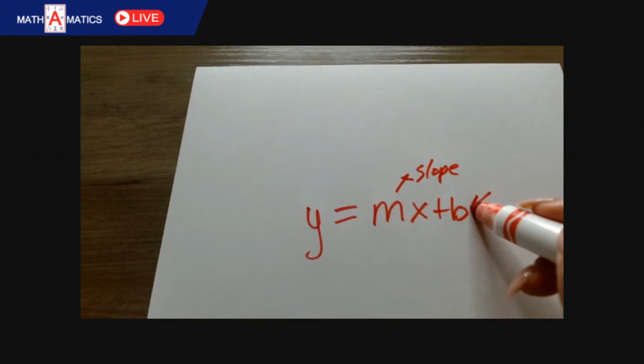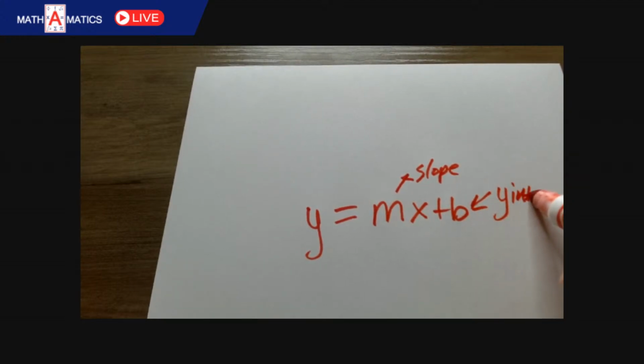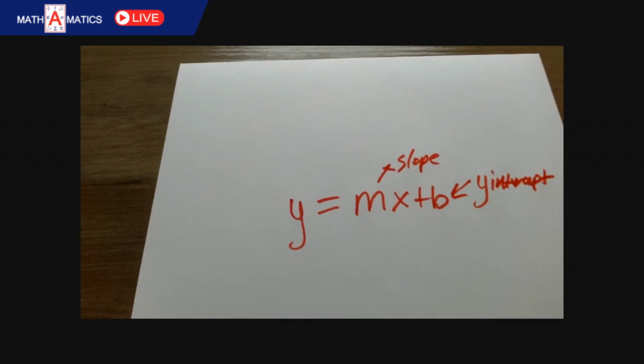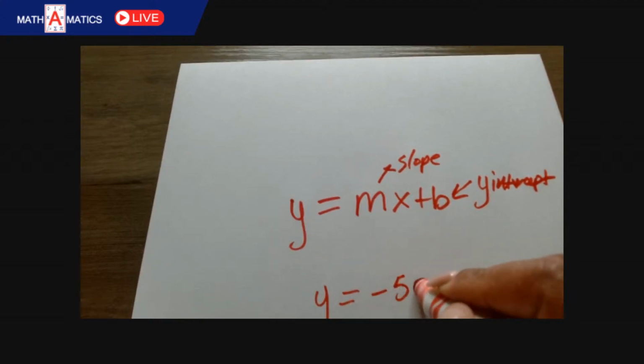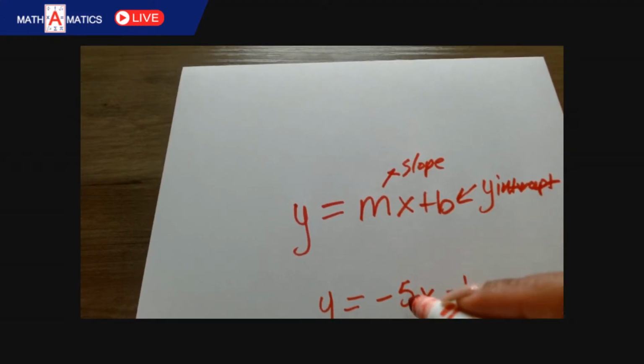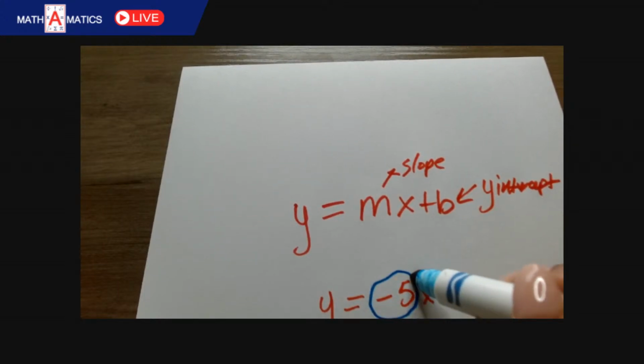Our b is the y-intercept in our equation every single time. So when we have a simple problem, and I'm just going to write one here, y equals negative 5x minus 1, our slope will be negative 5.